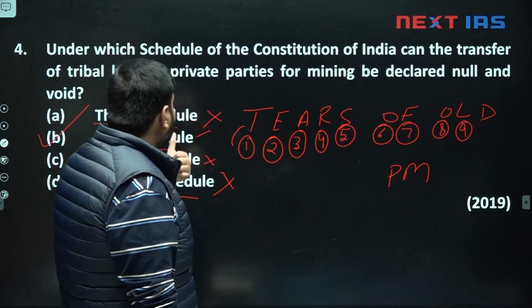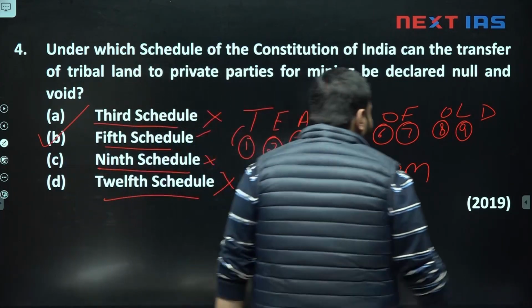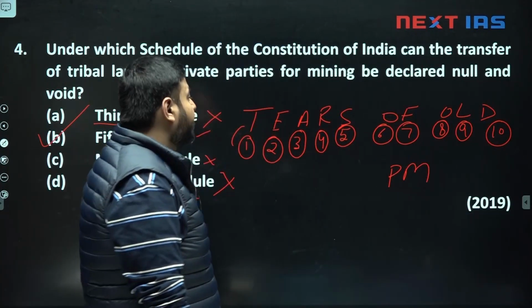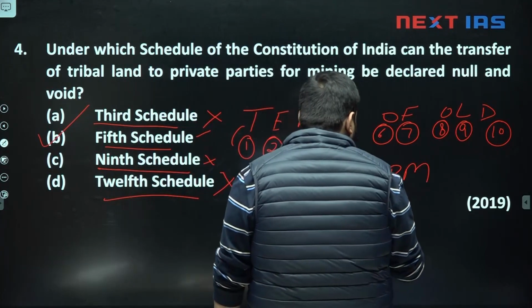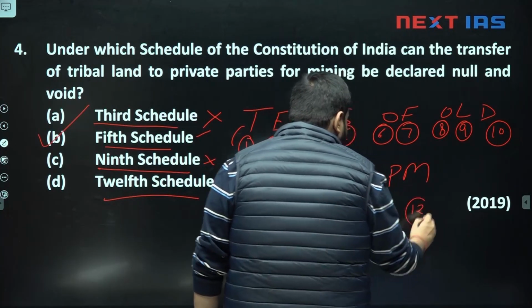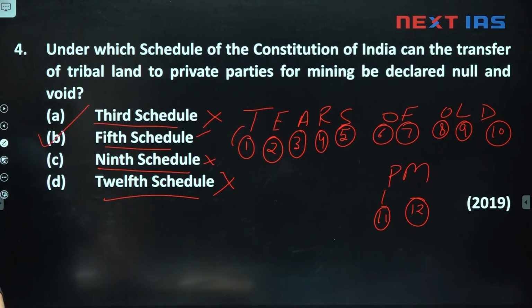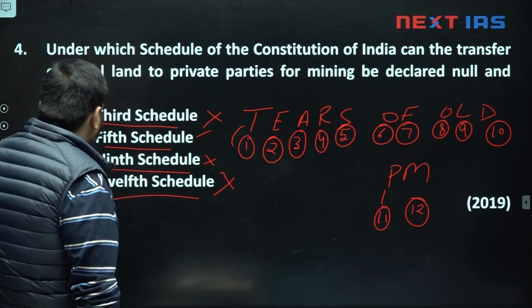So it is not declaring null and void. Then 10 is for anti-defection. Then 11 is for panchayat and 12 is for municipalities. So these 12 schedules can be remembered through the Years of Old PM. This can be the acronym.